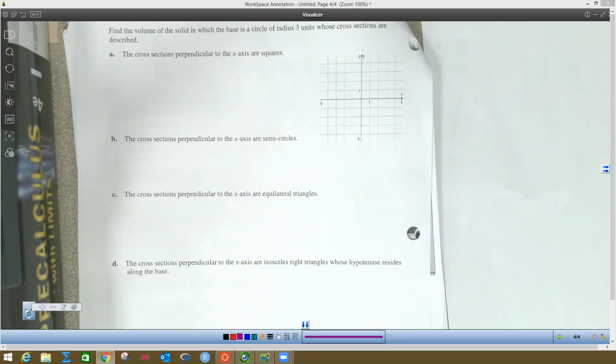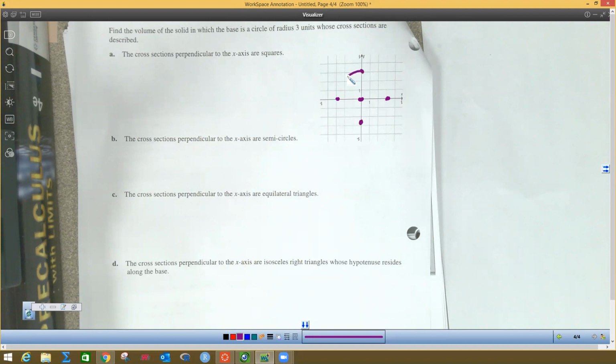All right, so this problem, I gotta get over here where I can read it. The volume of a solid in which the base is a circle with radius 3. So what that means is this is the center of my circle. I go out 1, 2, 3. I hope that's on a line because I can't really see the graph because it's so dark. And I'm going to go over here to -3 and up to 3 and down to -3.